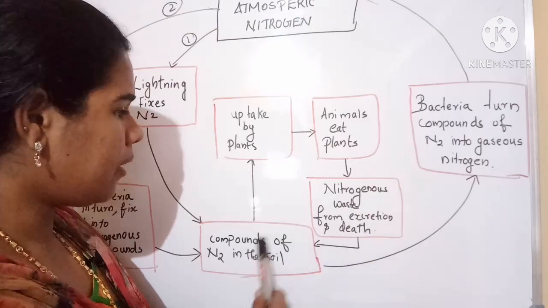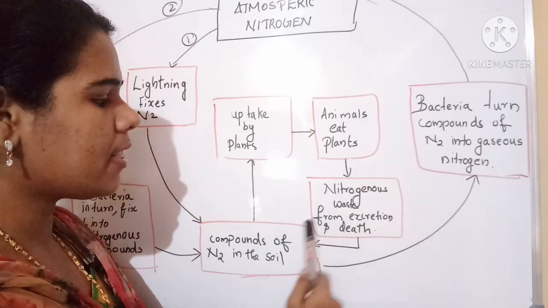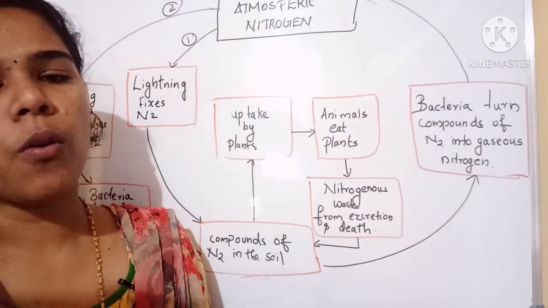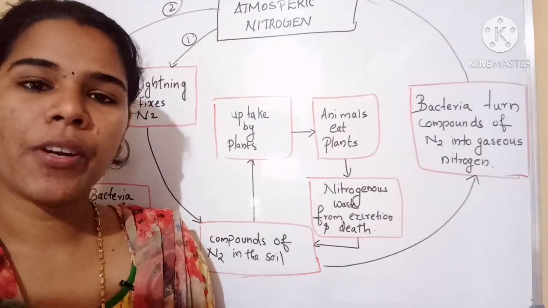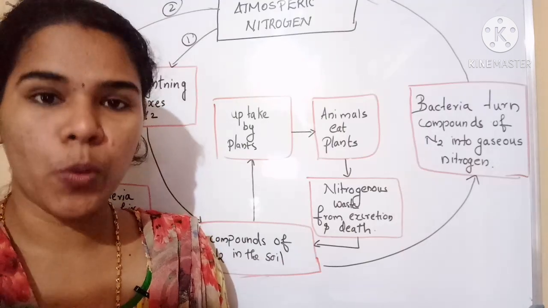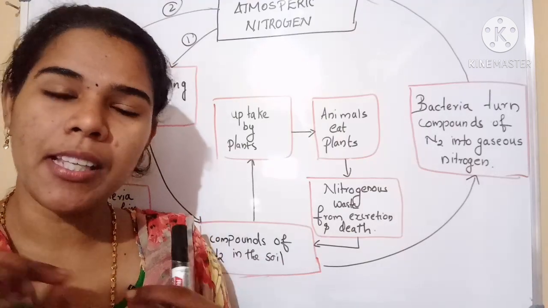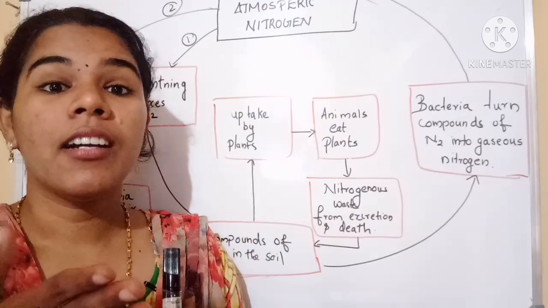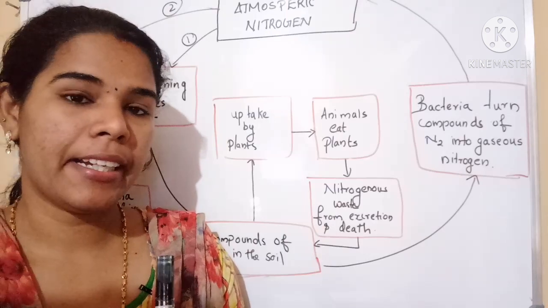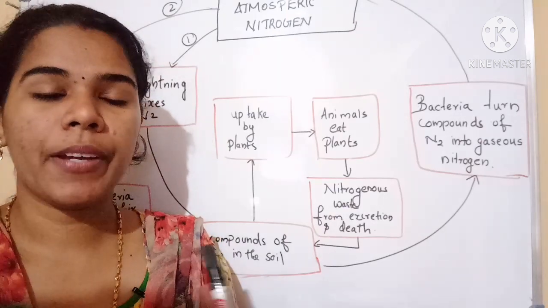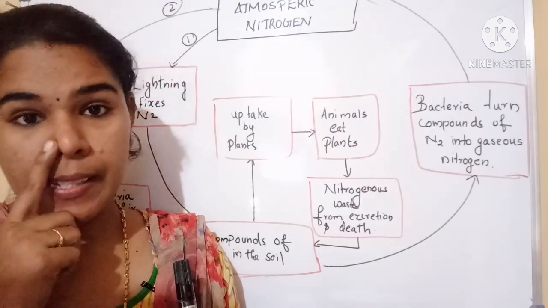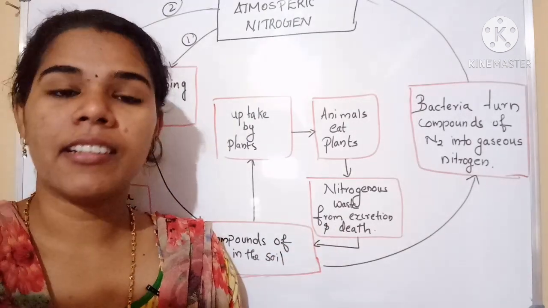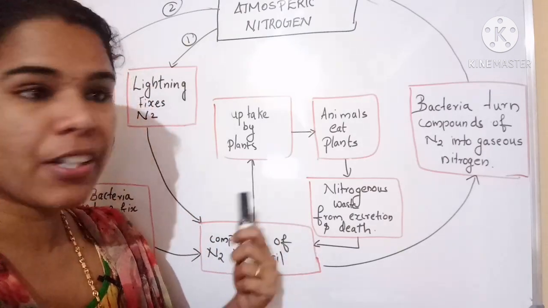So this nitrogen is released from excreta and death, we know. After death, some bacteria or microorganisms act on the body and break it into small pieces. We already learned this in the cleaning of the environment. That time we learned about some bacteria and microorganisms which help to clear the environment through their action.